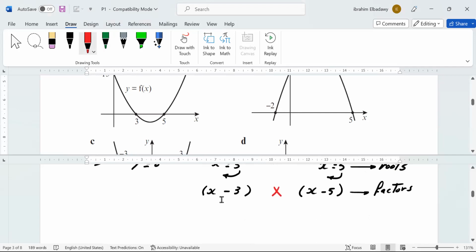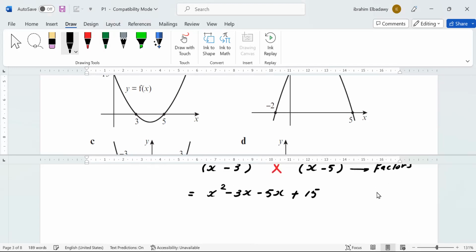and expand. Okay, it will be x squared minus 3x minus 5x plus 15. Then simplify.